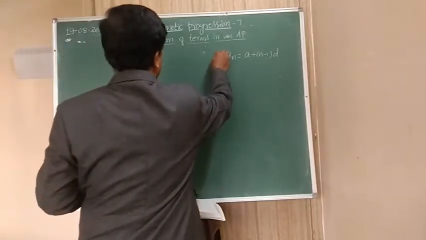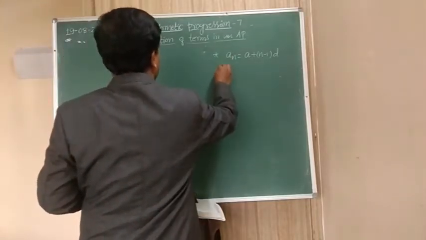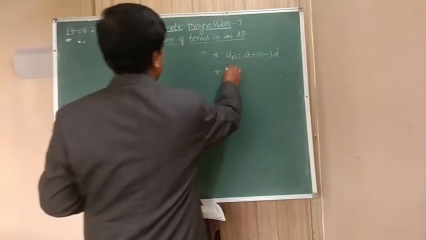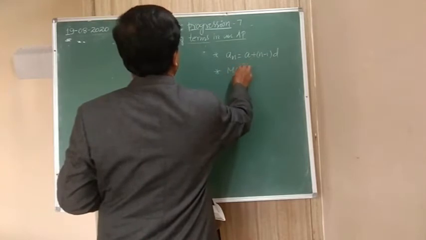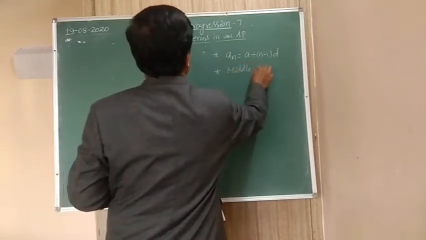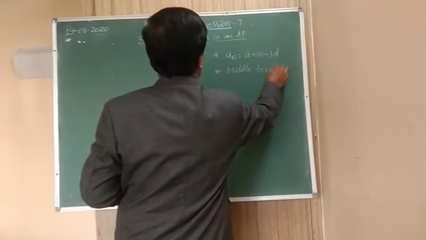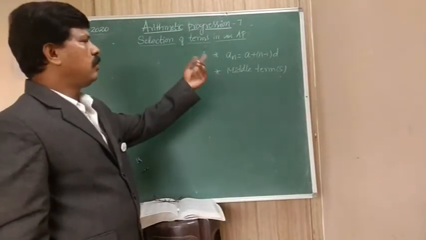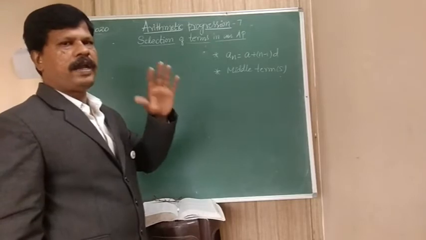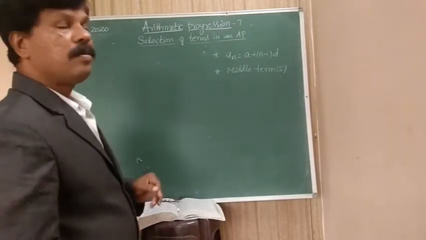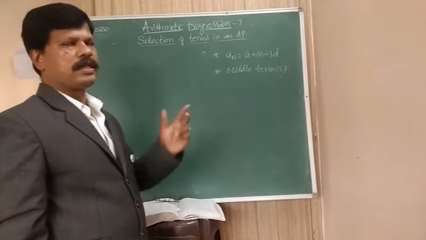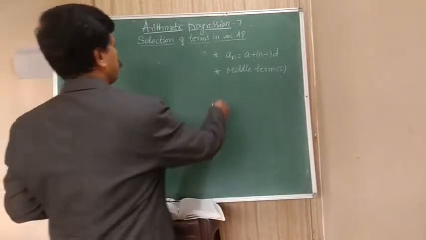Apart from this, we solved problems finding the middle term or middle terms. Just recall all the ways or methods to find the middle term, and how many middle terms, whether 1 or 2, depends on the number of terms.